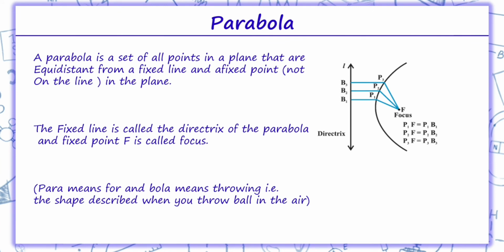So, parabola is a set of all points in a plane that are equidistant from a fixed line, and a fixed point that is not on the line, it is in the plane. The fixed line, like over here we can see, is called the directrix of the parabola, and the fixed point, as we can see over here, is called the focus.